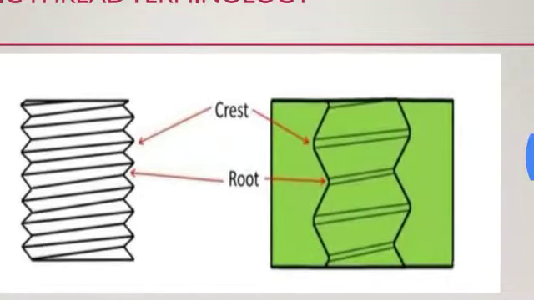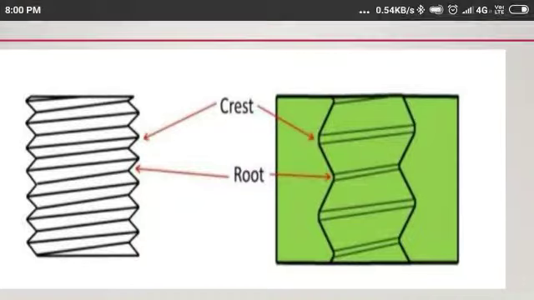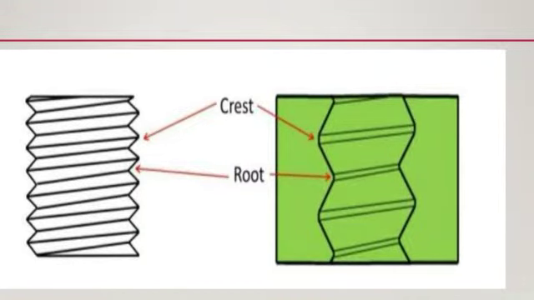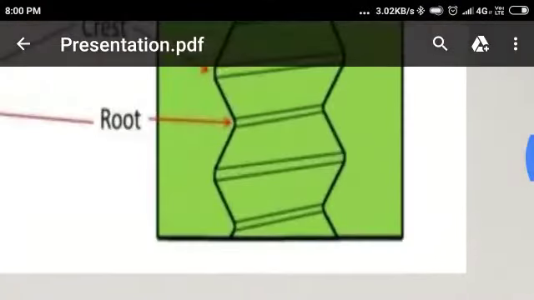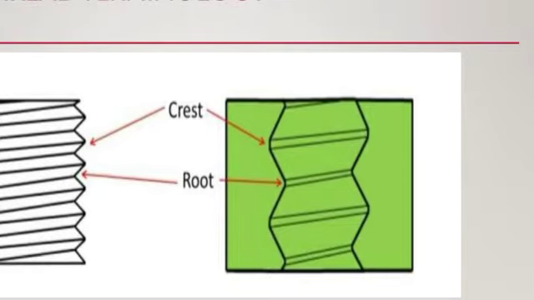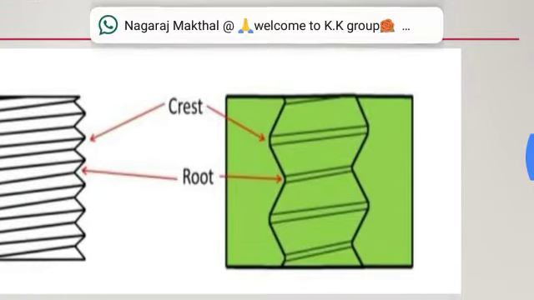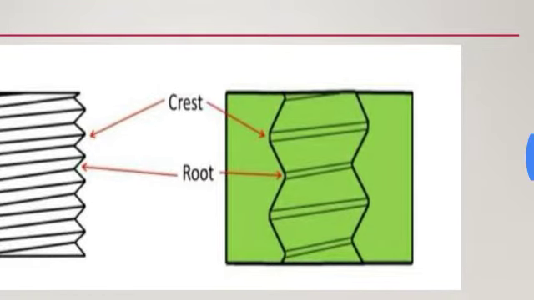What is crest? Let us take the left-hand side, which is a thread. If you zoom it, you get the right-side photograph. Whatever the top positions of the V shape, those are called crests.